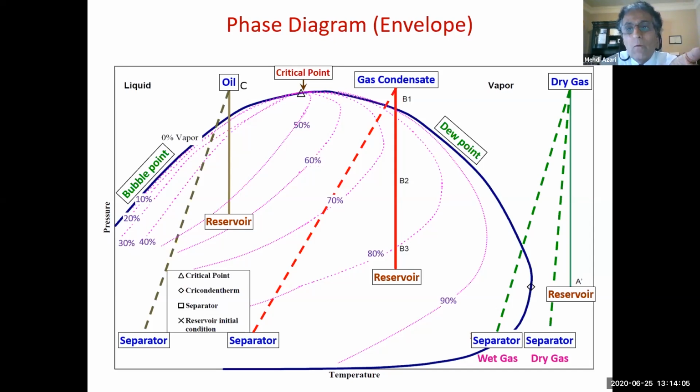Some of these wells, especially unconventional wells that I was dealing with a lot in Saudi Arabia, are gas condensate and there are tight formations. So if you let the pressure drop from here to here, then that liquid comes out of solution, goes into those pores. Unconventional means very, very tight.